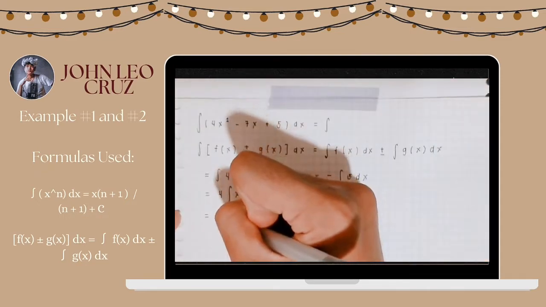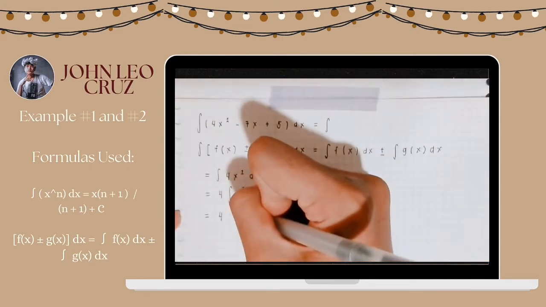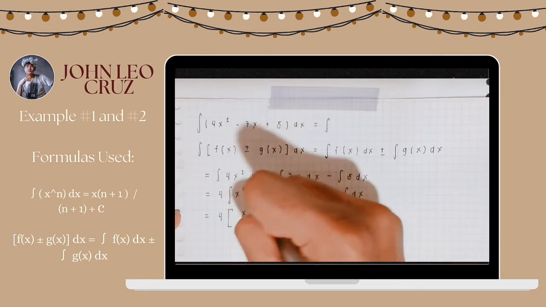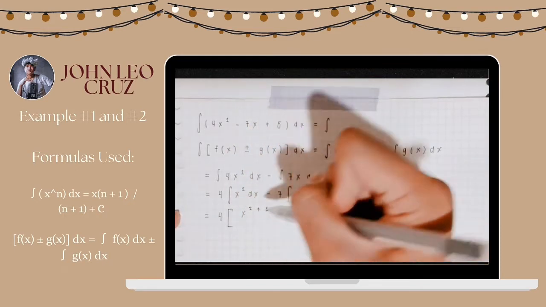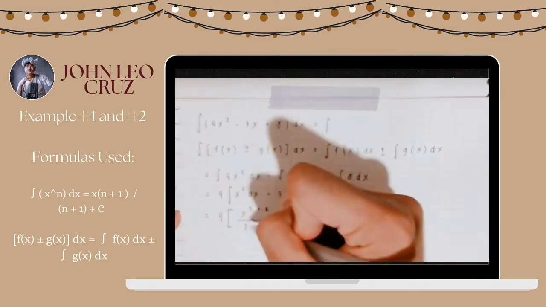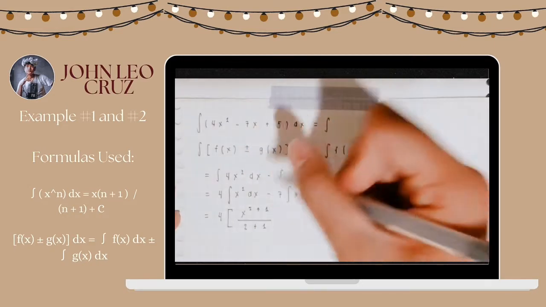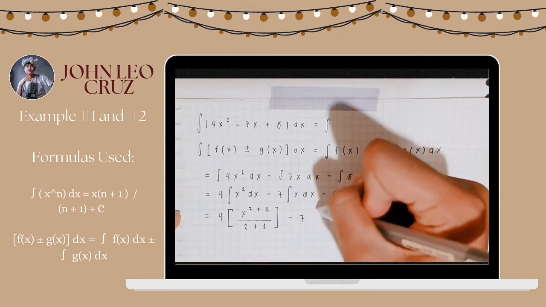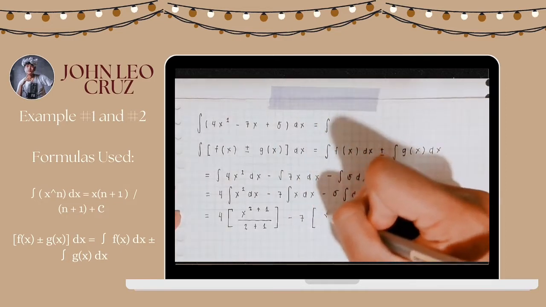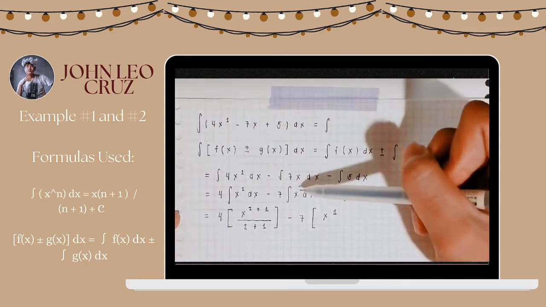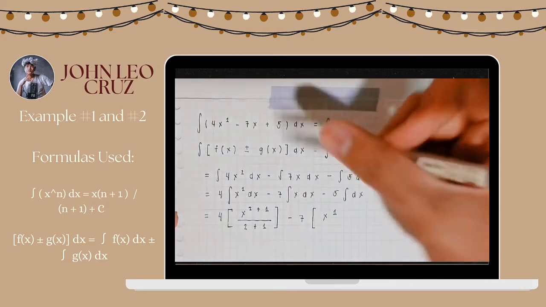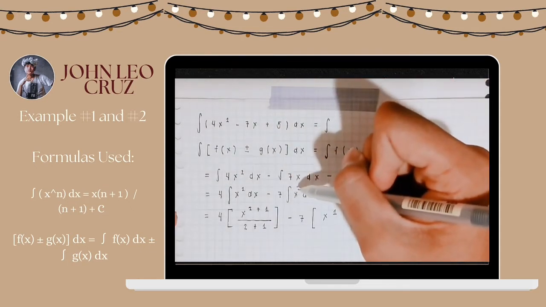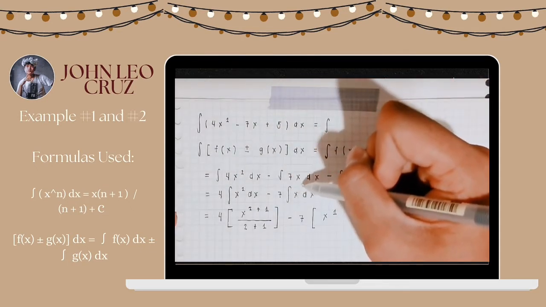Simply distribute the exponent: x squared plus 1 over 2 plus 1, minus 7 times x raised to 1, since even though we don't see an exponent here, there is automatically an exponent and it is equal to 1.